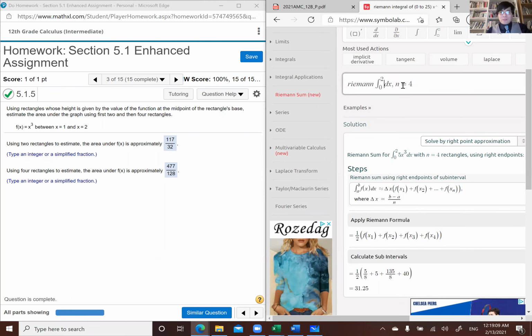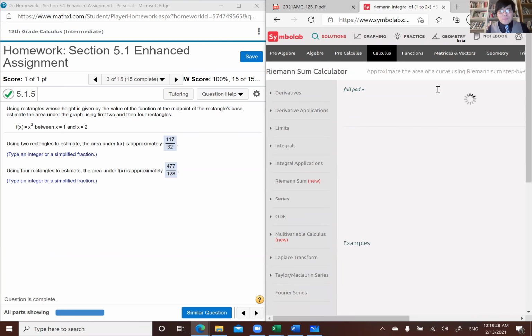We just have an x cubed here, and the interval is not starting from 0, but starting from 1. So the interval is 1 through 2, the function is x cubed, and the number of rectangles is 2 and 4. So let's just do it for 4.